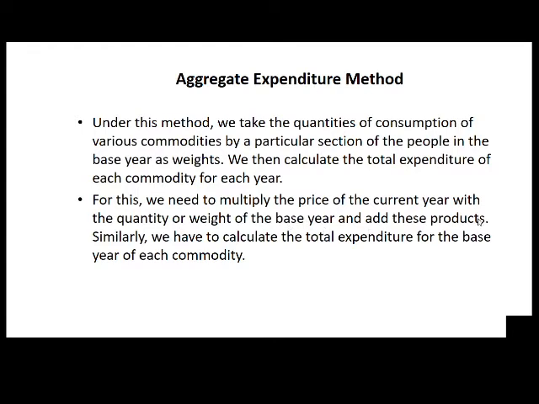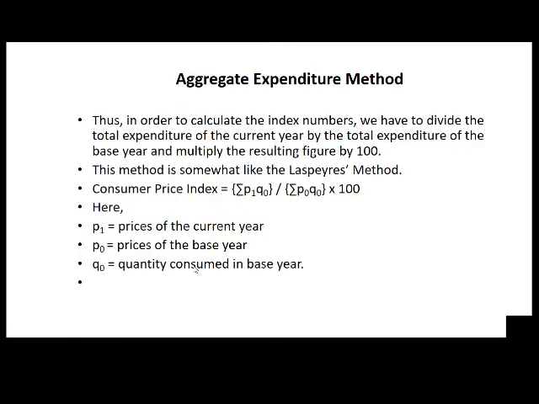Similarly, we calculate the total expenditure for the base year of each commodity. Thus, in order to calculate the index number, we divide the total expenditure of the current year by the total expenditure of the base year and multiply the resulting figure by 100.